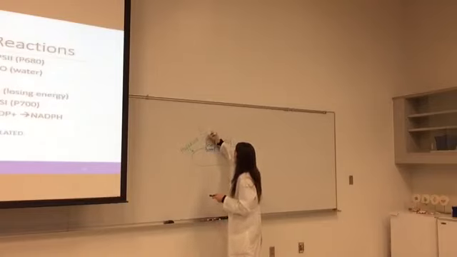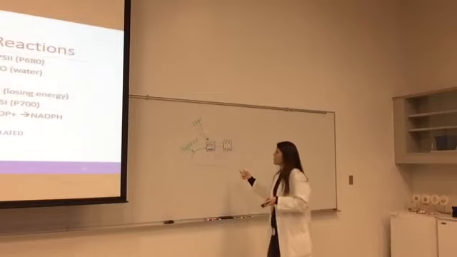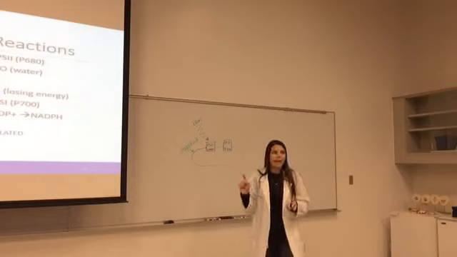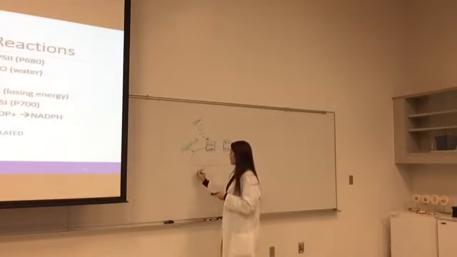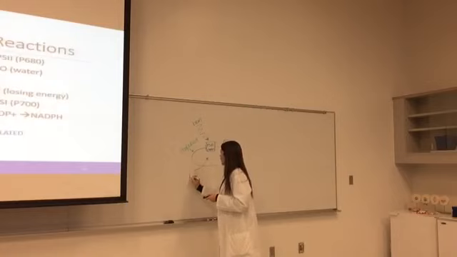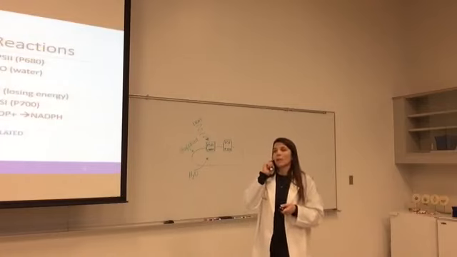And I know that one of my reactants is light. So light is coming in. And the only place that it's going to be absorbed are the photosystems. Another reactant, something else that goes into the light-dependent reactions, is water. H2O. So we have water and light.